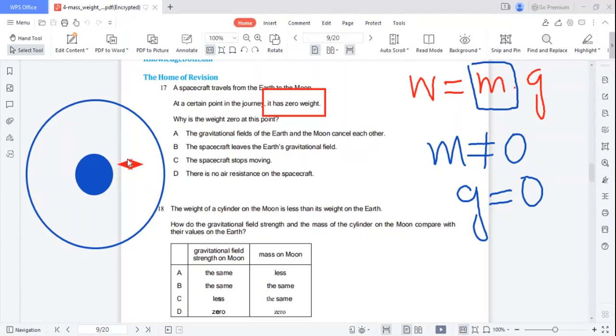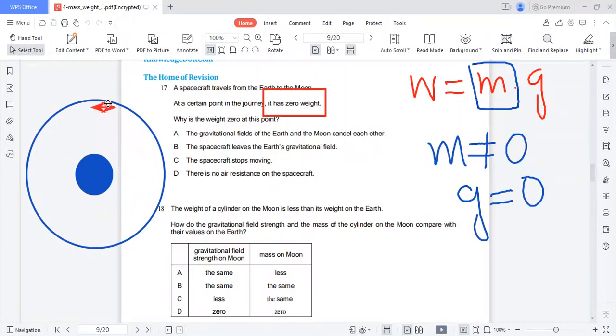As long as the spacecraft is within this circle, which is the gravitational field around the Earth, it will have some weight. Once it crosses this gravitational field, it will be out of Earth's gravitational field, and its weight would become zero. So the reason for zero weight is the crossing of this gravitational field.